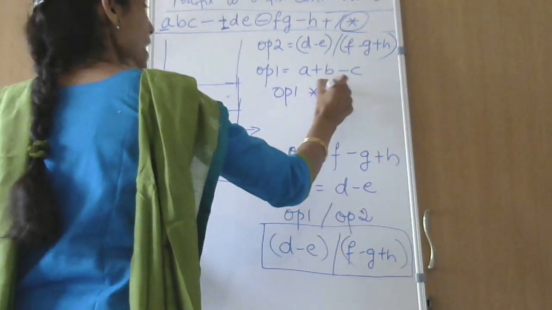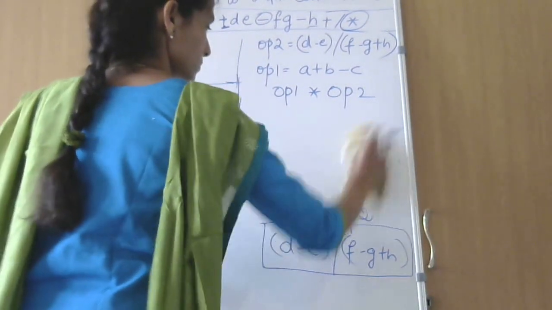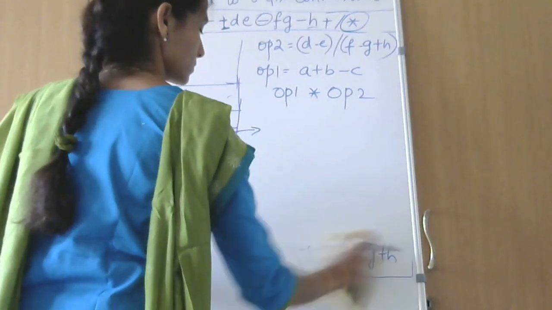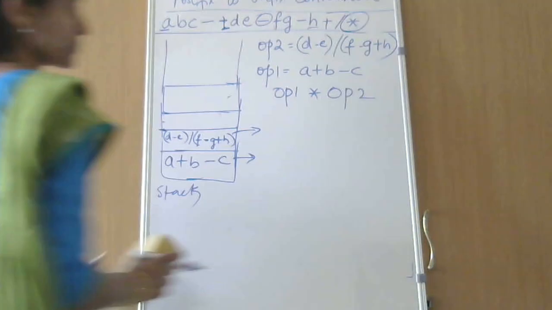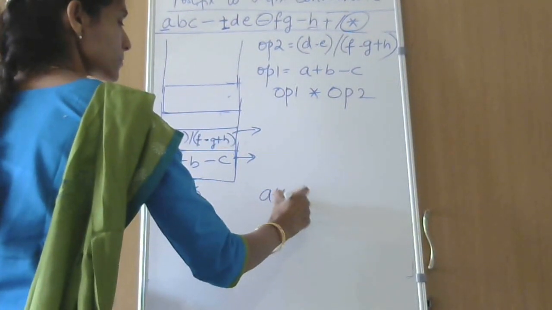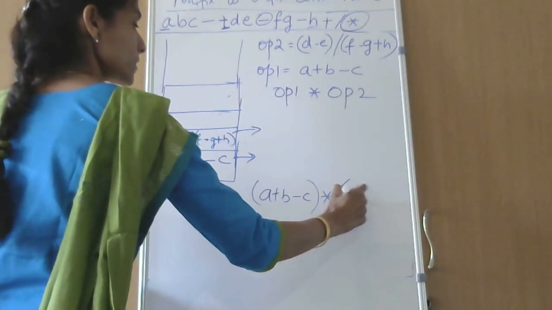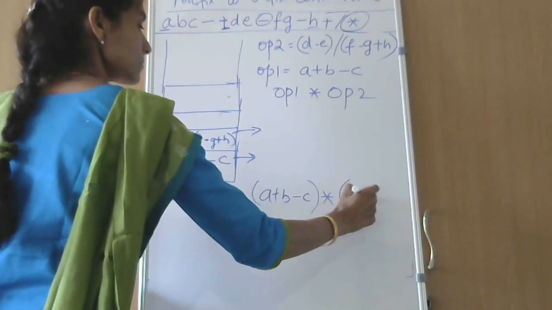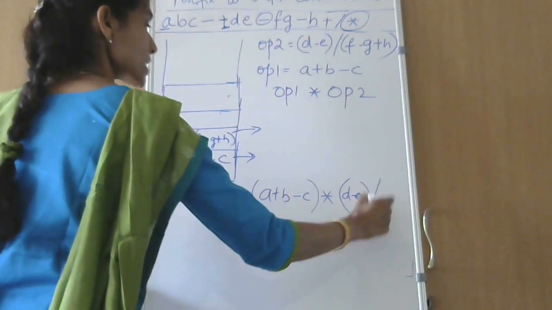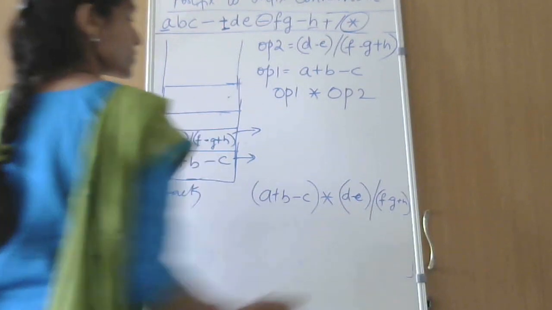OP1 star OP2. When I do that, I will get A plus B minus C star D minus E slash F minus G plus H.